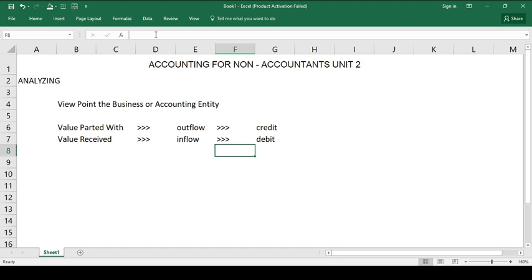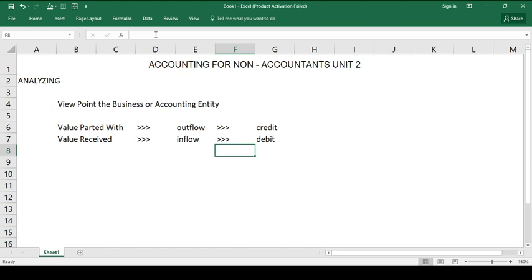Sir, once we analyze transactions, ano po ba dapat makita, the debit or the credit? Wala pong policy kung ano ang dapat makita. Instead, you only need to determine what is being received and what is being parted with. Kasi if you are able to identify what is value received and what value parted with is, you are able to record that properly, kasi you know what to debit and what to credit.